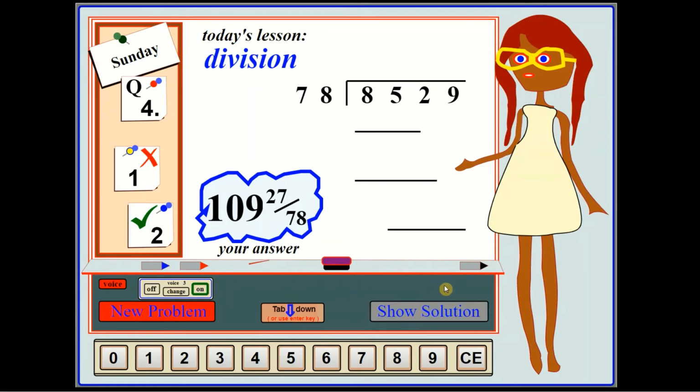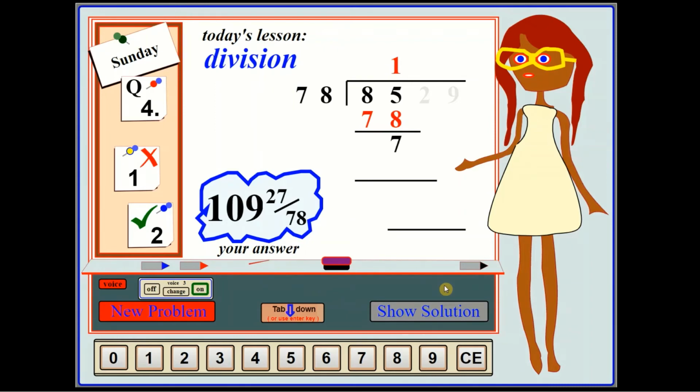8,529 is too big to work with in one piece. So we trim it to the smallest number bigger than 78. This is 85. 85 divided by 78 is 1. This shows that 1 times 78 accounts for 78 of the original number.